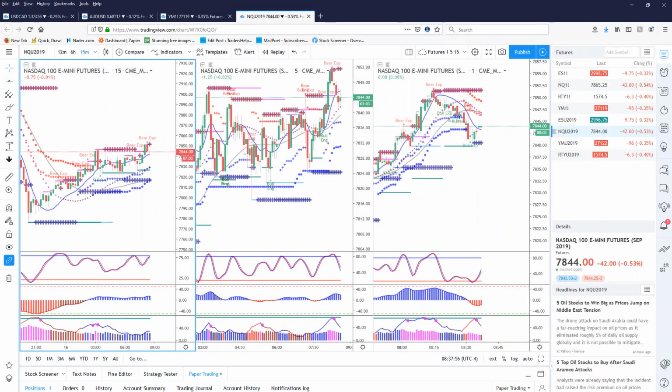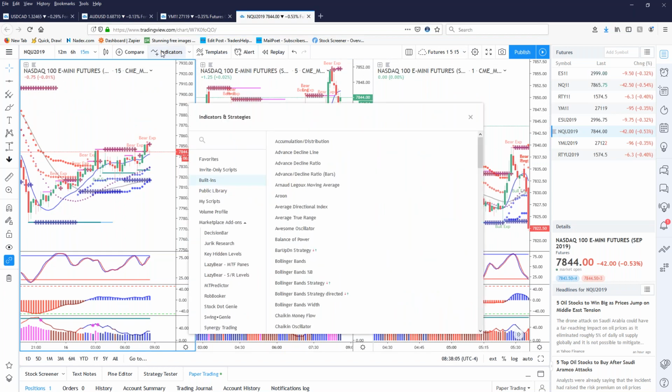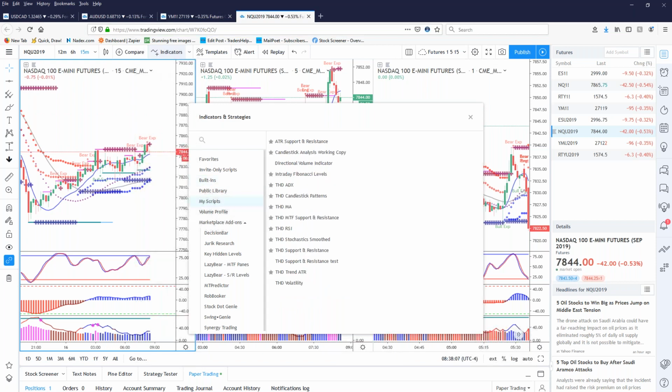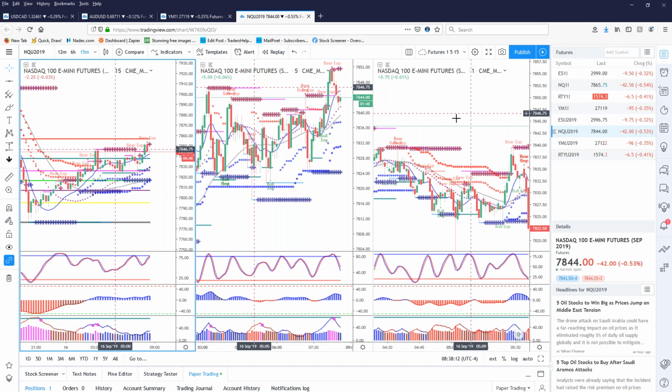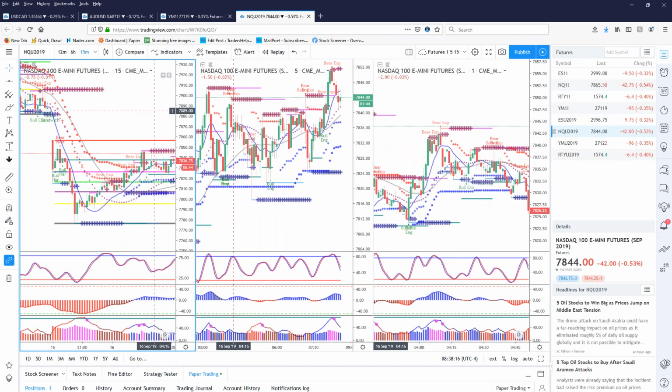Let me go to the 15-minute because I have an auto fib. Okay, the bright green line is the 50% line.